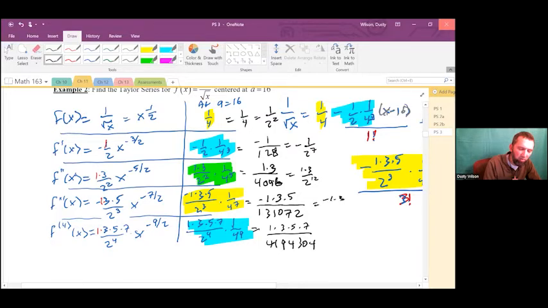Minus 1 times 3 times 5 over 2 to the 12 plus 5, the 17th power. 1 times 3 times 5 times 7 over 2 to the 17 plus 5, the 22nd power. So those are our coefficients. I've just cleaned them up a little bit because they will help us in our next example.